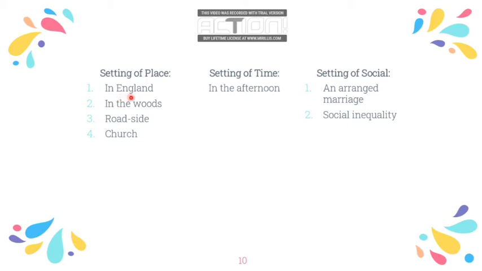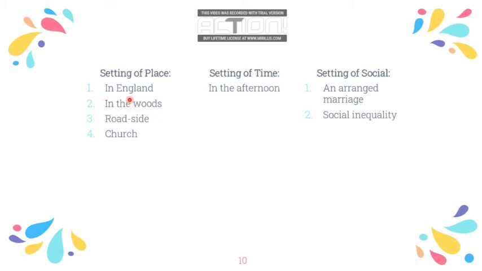The first, this story takes place in England, where Robin Hood lives, and it is shown in the first paragraph of the story. The next is in the woods or in the forest.